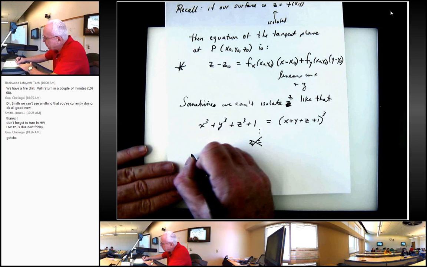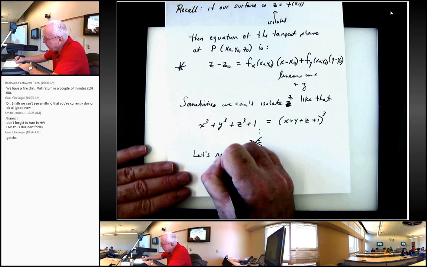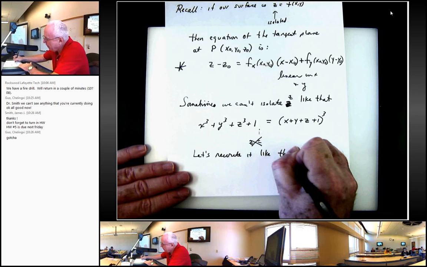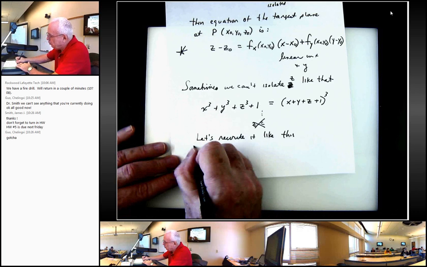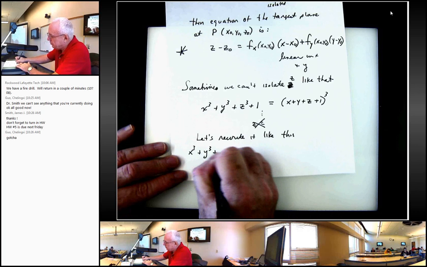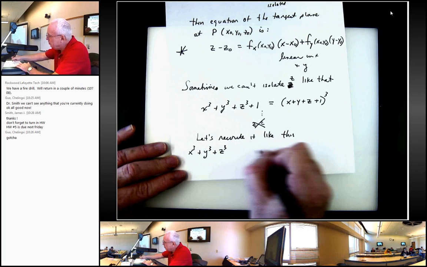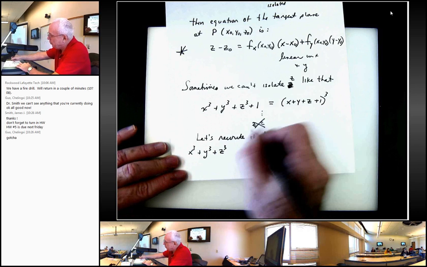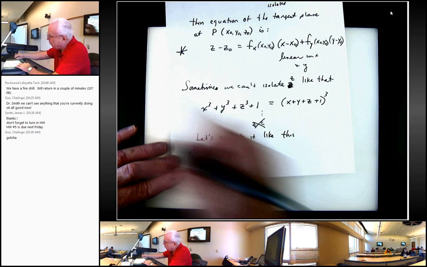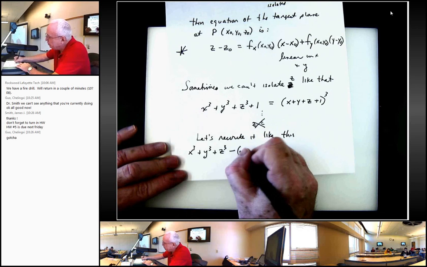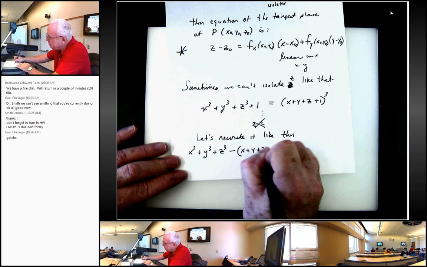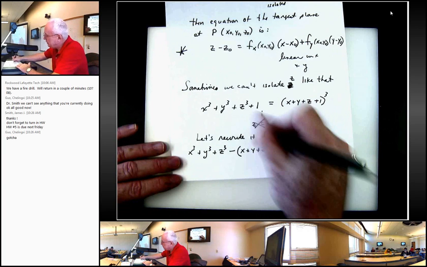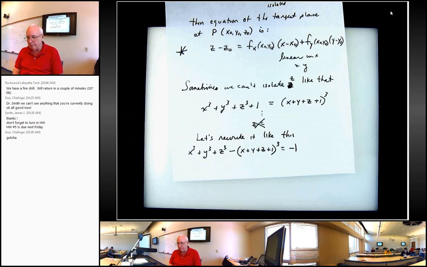So let's rewrite it like this: X cubed plus Y cubed plus Z cubed. Now I'm going to move that 1 over to the other side, but I'm going to take this whole term and put it over on the left side, minus (X plus Y plus Z plus 1) cubed equals, and then I'm putting that 1 over onto the other side.